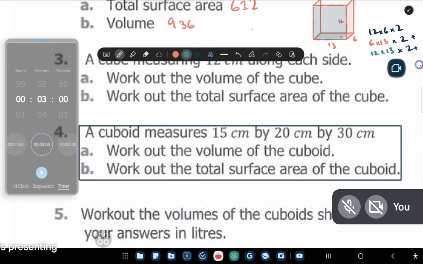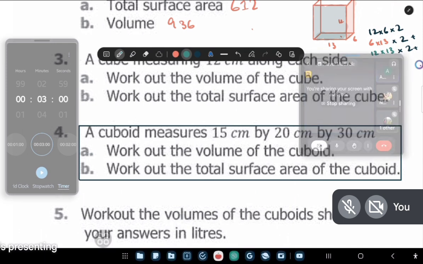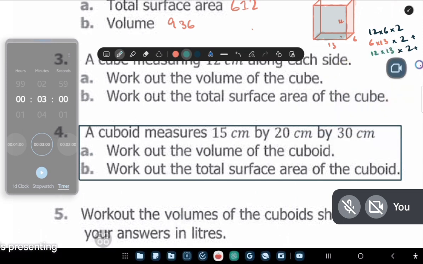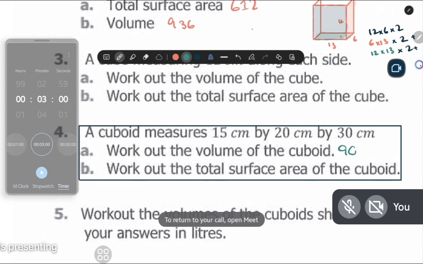What's the surface area? Volume is 9,000. The surface area is 1600. 1600. How did you do it? Same method.